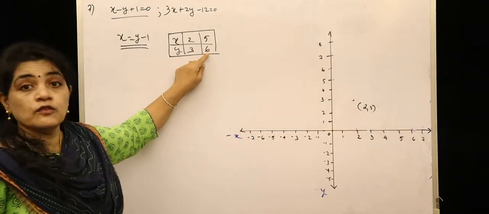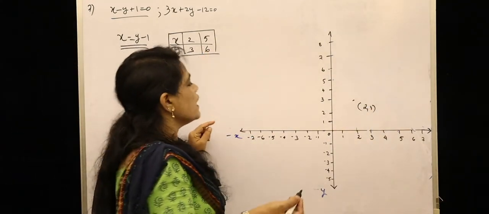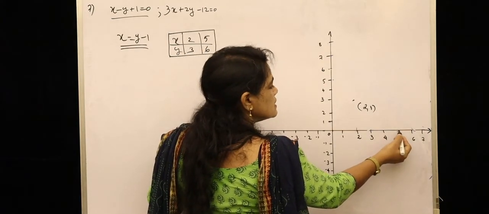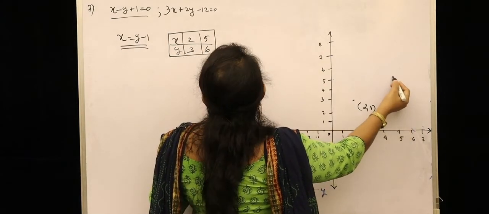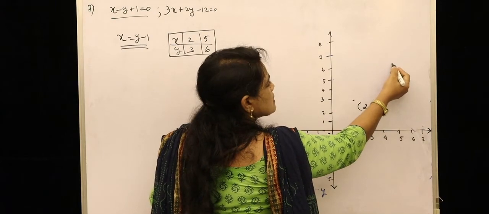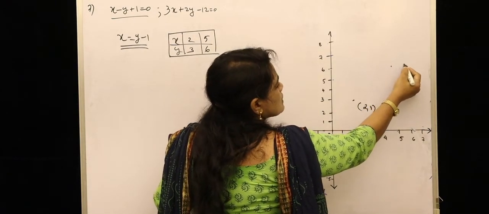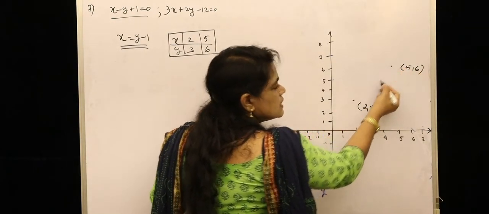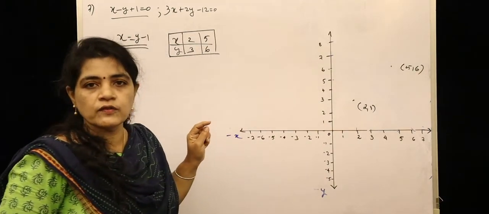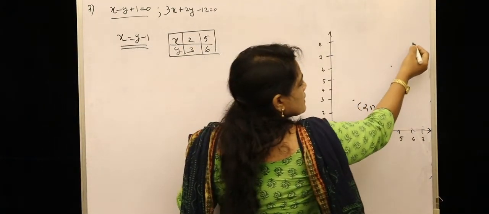And for the second value 5, 6, both are positive. 5 comes on the positive x-axis, and towards y, that is 6. This is 5, 6, and passing through these 2 points we can draw a straight line.